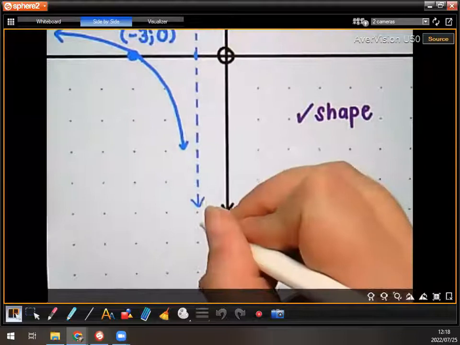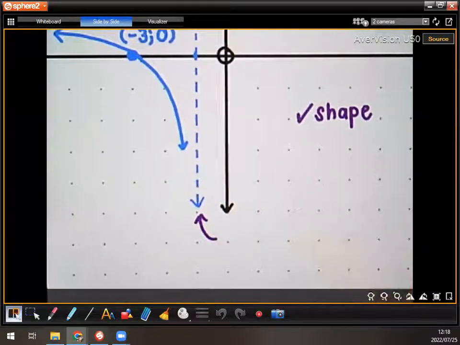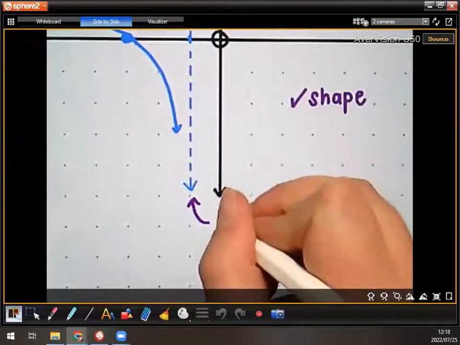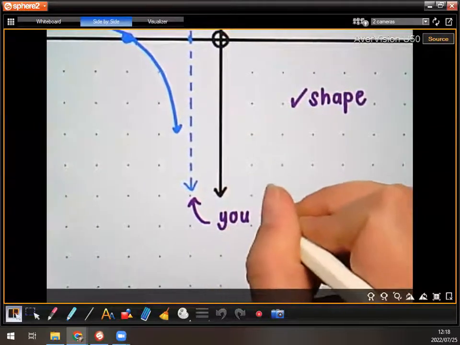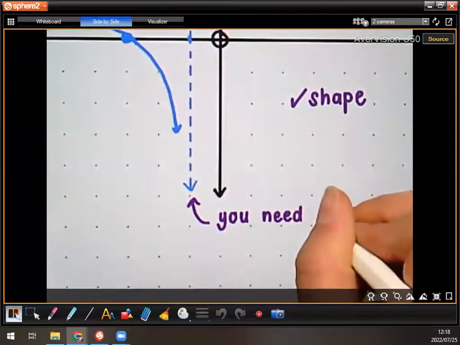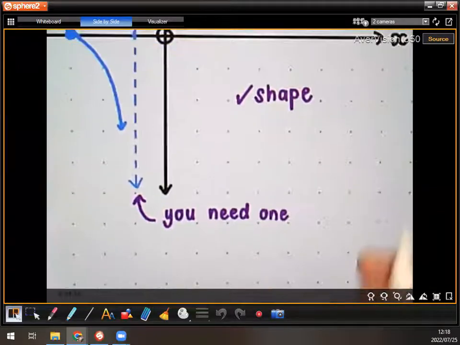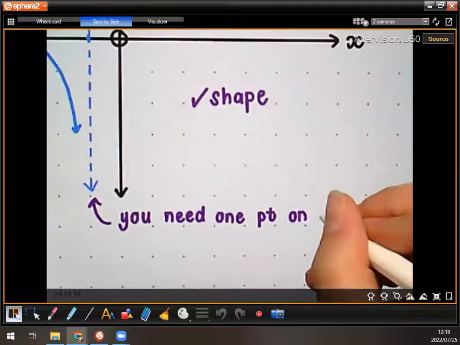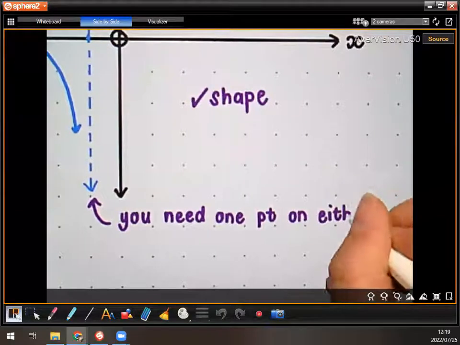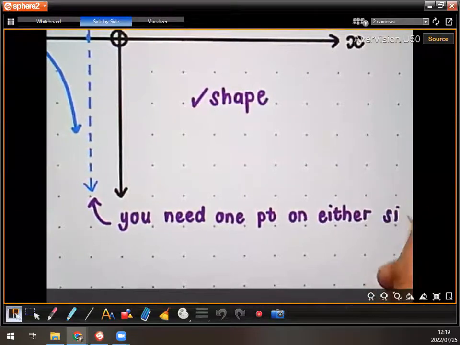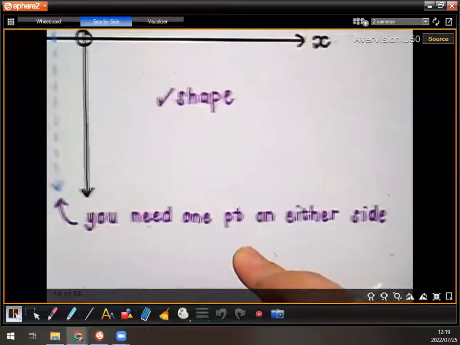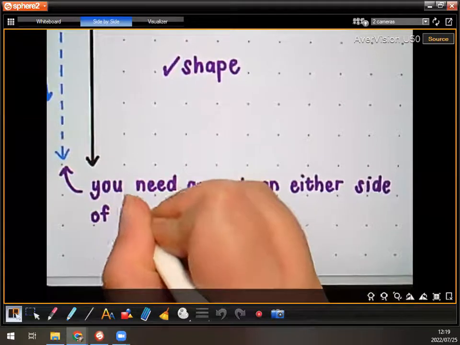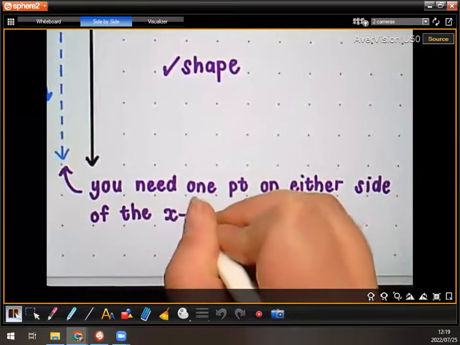Maybe make a little arrow going from your asymptote here. You need one point on either side of the x asymptote.